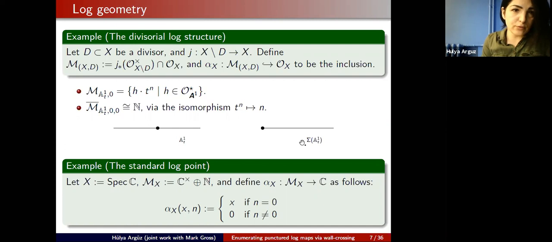For instance, if you look at A^1, the stalk of your log structure at 0 of A^1, if the coordinate is t, all functions that are invertible away from 0 are of the form some invertible function times t^n. And to look at the ghost structure, you just forget the invertible function, you just have t^n. And the ghost structure is naturally isomorphic to the natural numbers by mapping t^n to n. It's similar to a logarithm map, so it's a log structure in some way.